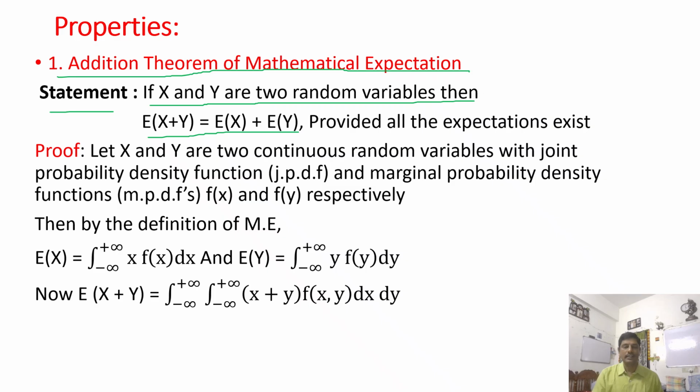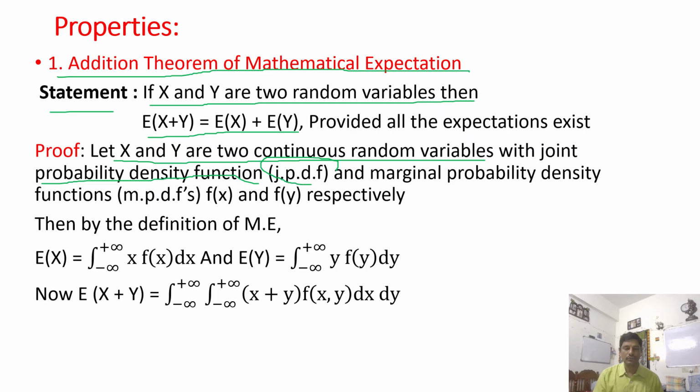So capital X and Y are continuous random variables. Let capital X and capital Y be two continuous random variables with joint probability density function. Why do we call it the joint probability density function? Because here we are taking X and Y, two random variables.